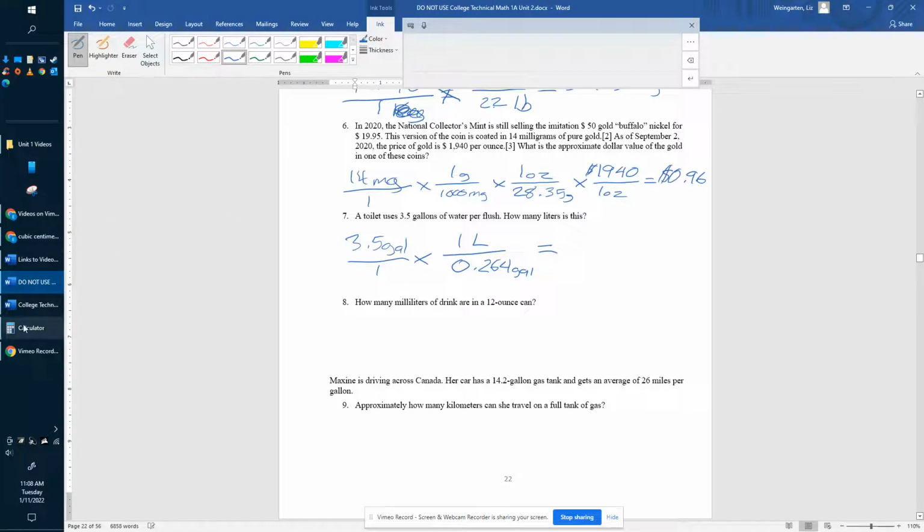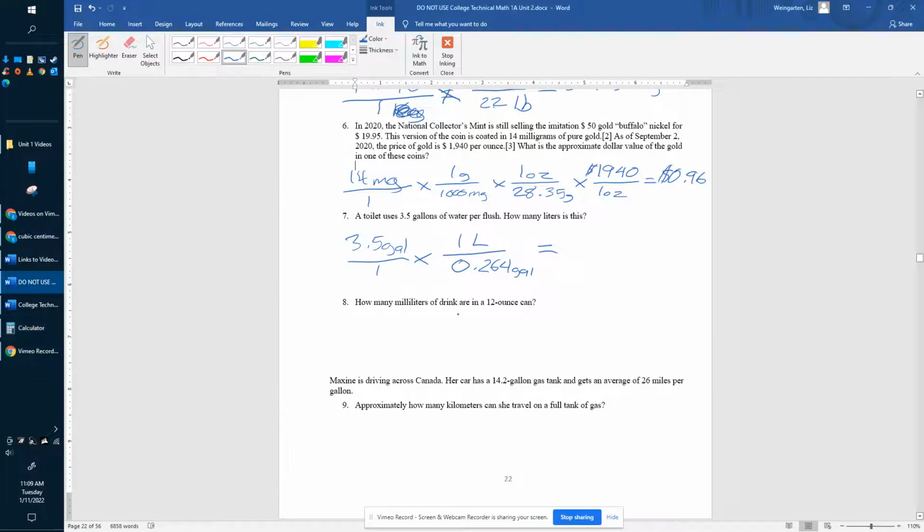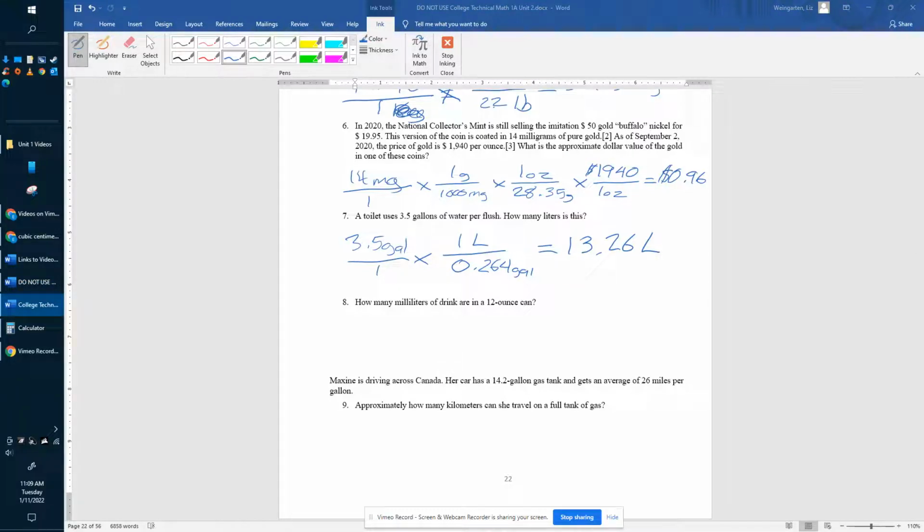Take our calculator and figure this out. 13.26. And again, you could have used the other table just as easily and said that 1 gallon is 3.79 liters and multiplied it by 3.79 and gotten the same answer.